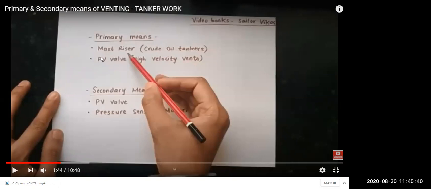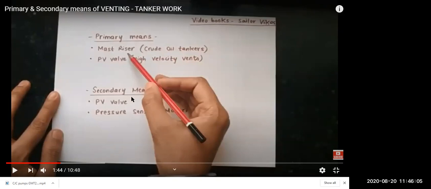And after PV valve, at the end in the common line, we have a mast riser. So if pressure is not releasing from the PV valve, mast riser is a manually controlled lifting PV valve. We can lift the mast riser and release the pressure from the tank, if we see in the CCR or locally that tank pressure is going high.